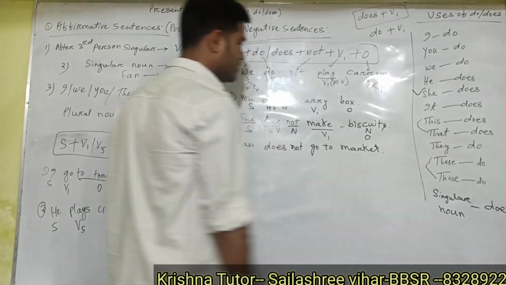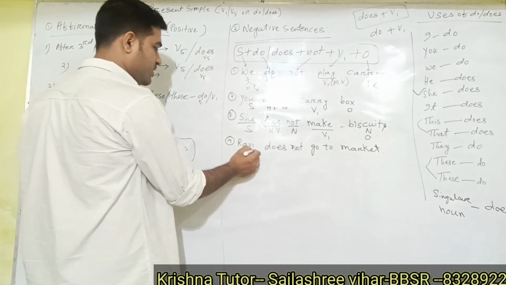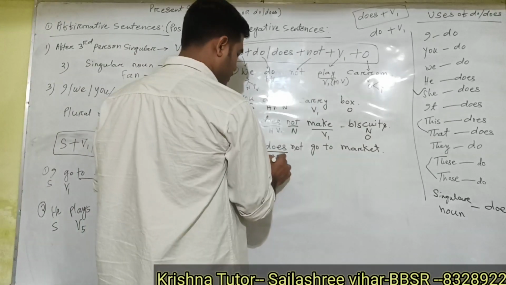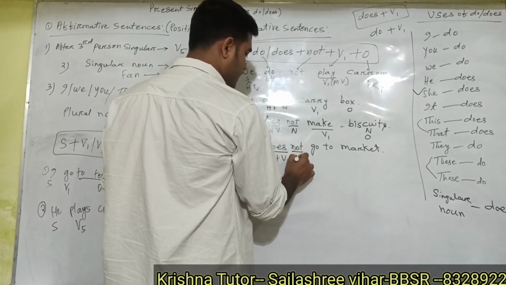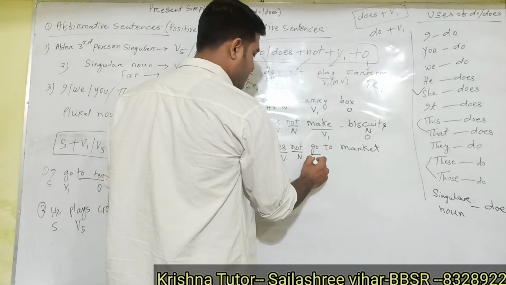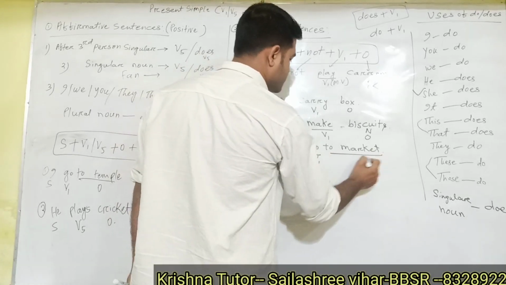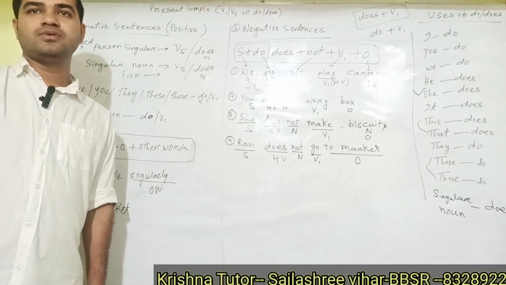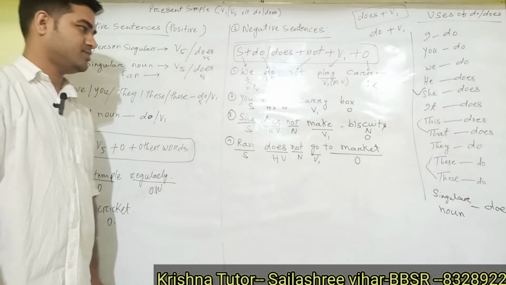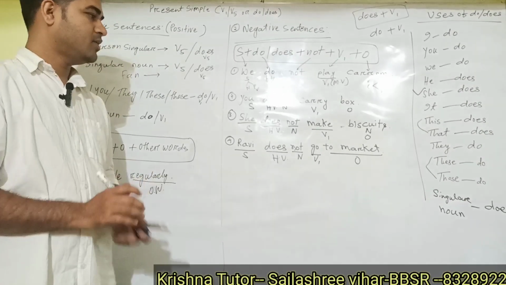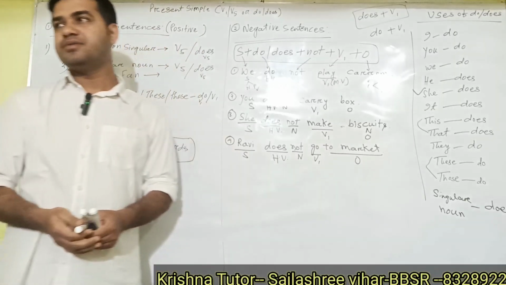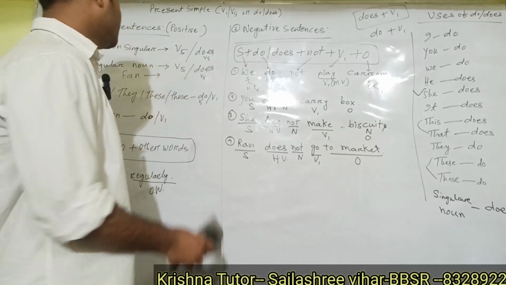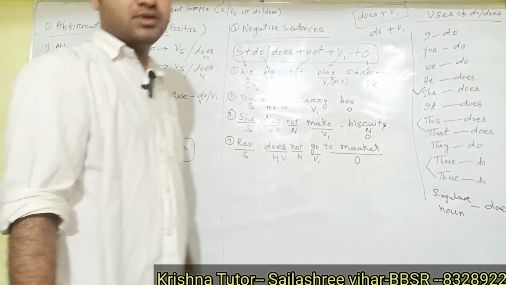Here Ravi is the subject, does is the helping verb, not is the negation, go is the main verb, B1 form. You can say market is the object. To is a preposition. We don't have a structure for preposition, so normally market is the object because it is a noun. Are you getting it now? Have you written this one?